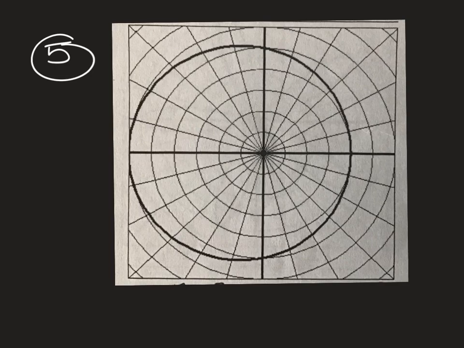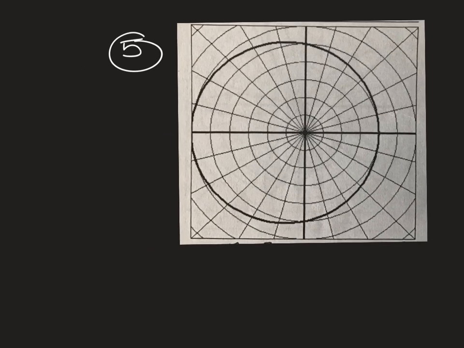So the first thing that we need to talk about is that it's definitely gonna be a cosine equation, and that's because it's centered along the x-axis. And then the next thing, I'm looking at page 143, it's an indented loop, so it says that A is gonna be bigger than B for the indented loop.